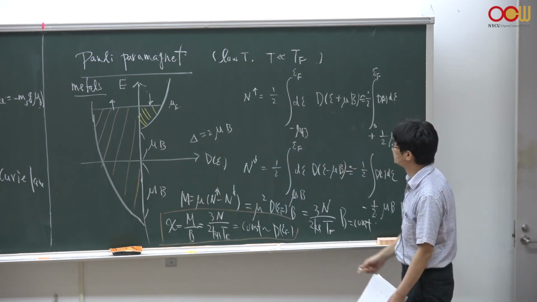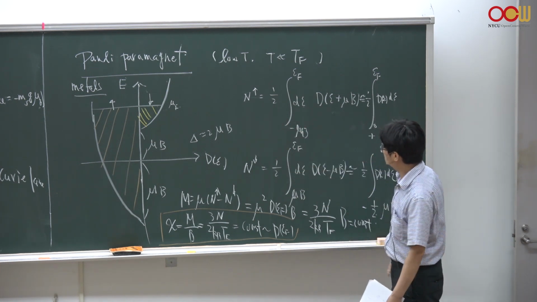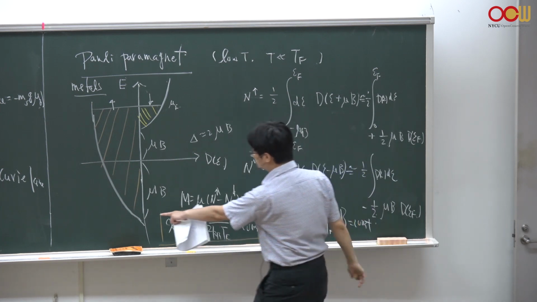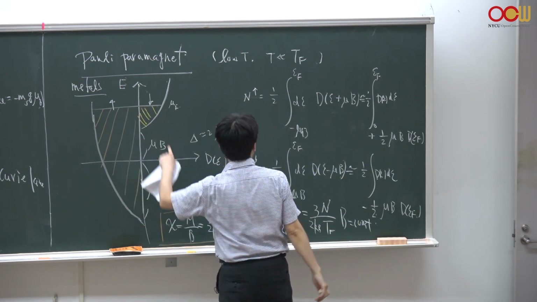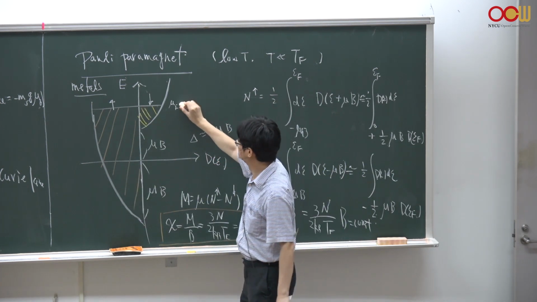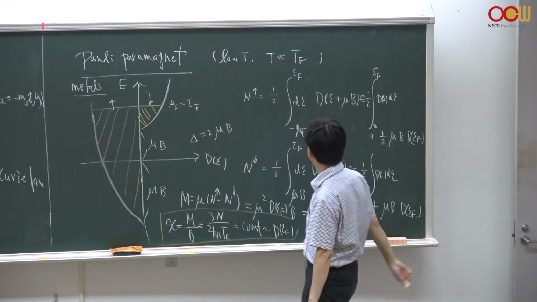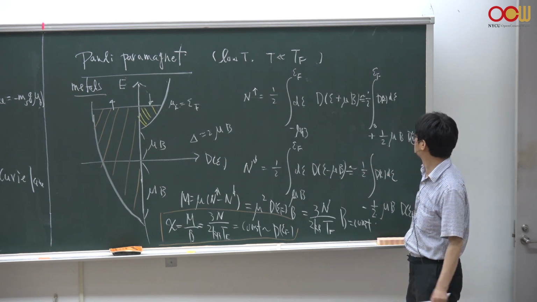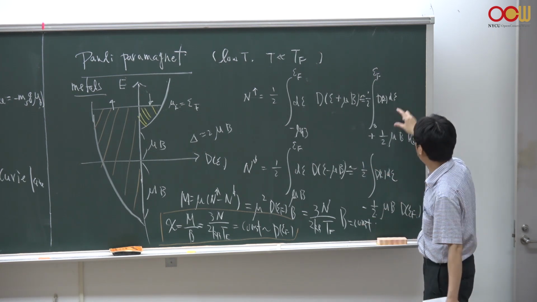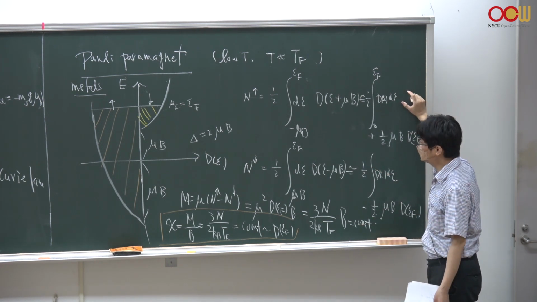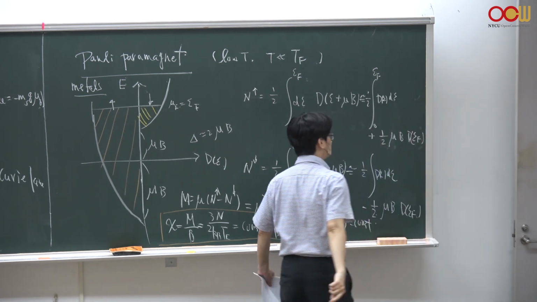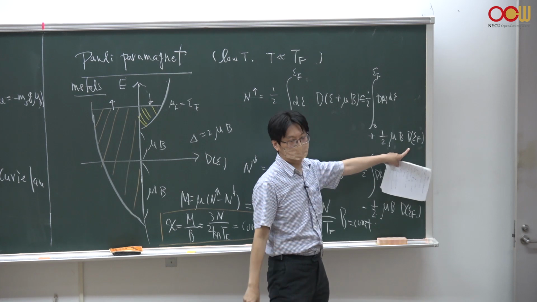The spin up electron number is given by the integral from minus mu B energy all the way to epsilon F, the Fermi energy, and you integrate over the density of states of the shifted band, which is approximately given by half of the density of states plus some shift, which is 1/2 times mu times B times the density of states.